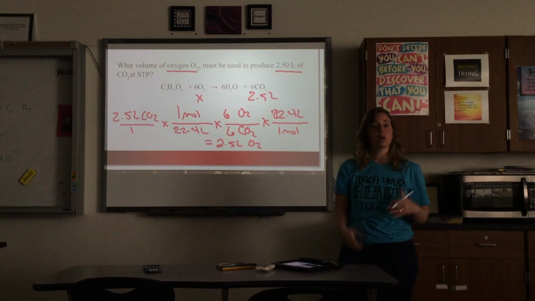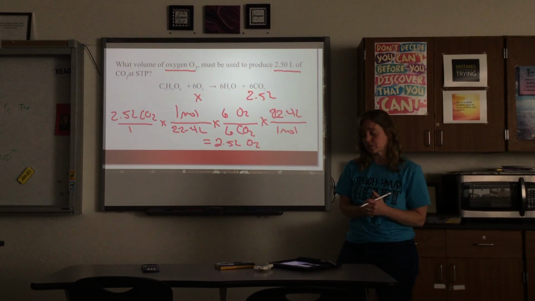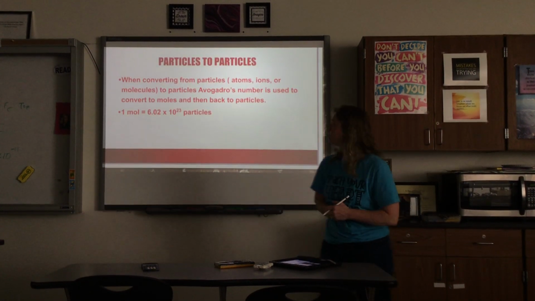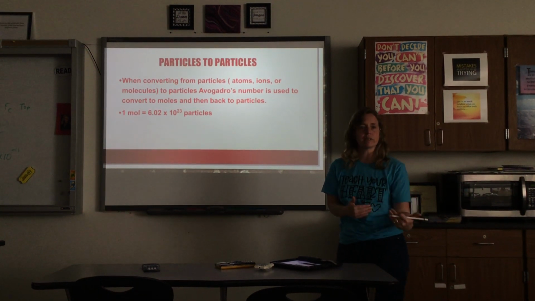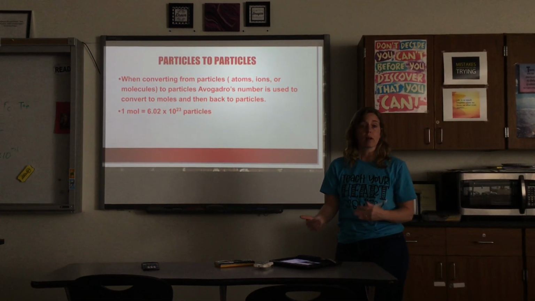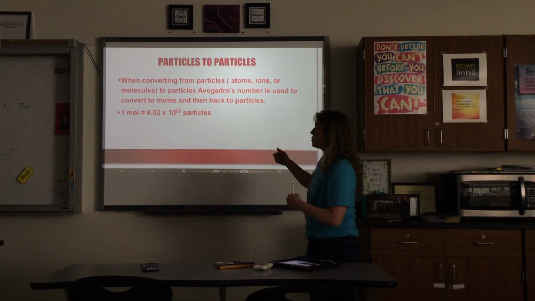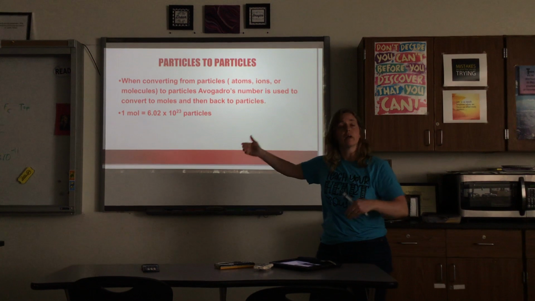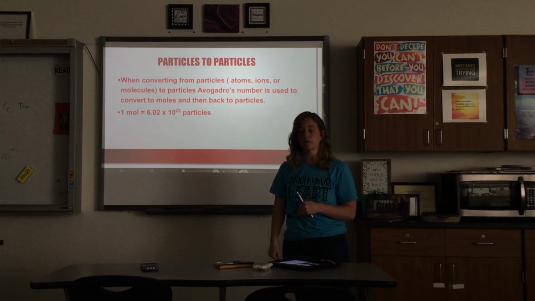So we've got one more thing to go over, and that's particles to particles, and then you guys are going to have an assignment over this. Okay? Now, particles to particles is going to be just as easy as volume to volume, because once again, you don't have to calculate the molar mass. Instead of using molar volume here, now you're going to use Avogadro's number, which is 6.02 to the 23rd power.